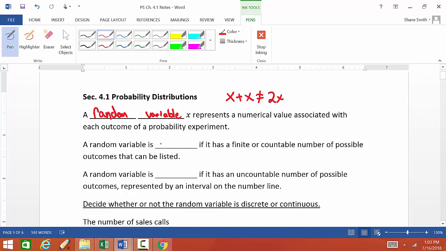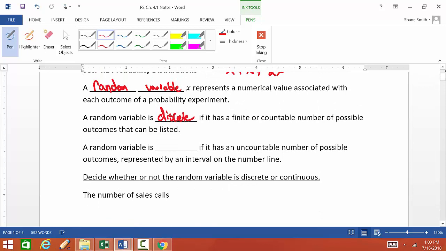A random variable is discrete if all of the outcomes can be listed and if you can count the outcomes. A random variable is continuous if you cannot count the outcomes.